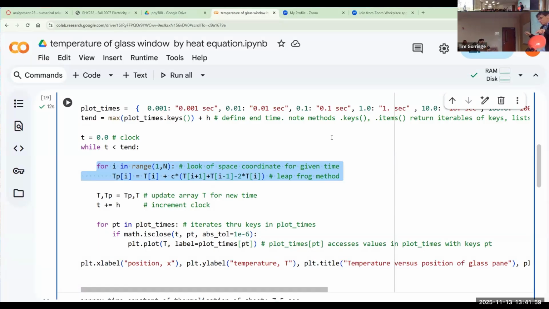Because of the limited number of digits in my floating point numbers, a time that was equal to a plot time was not being evaluated as equal to the plot time because the last digit did not agree. So I found this math function, isclose, which allows you to set how close two floating point numbers have to be for you to consider them to be the same. So this returns true when the time and the plot time are within some tolerance. And this got me around the problem of the floating point error.